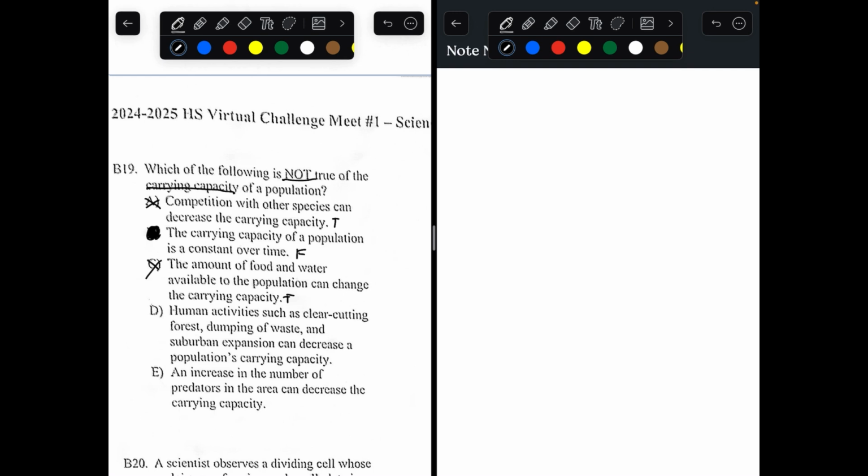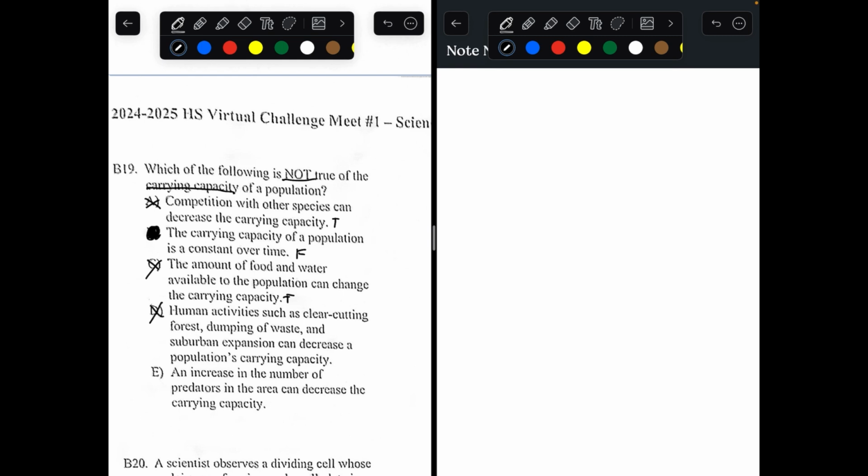D. Human activities such as clear-cutting forests, dumping of waste, and suburban expansion can decrease a population's carrying capacity. Yes, if you cut down the trees, some animals can't get their food, or some animals lose their shelters. That can lower carrying capacity because now they have to find it again or risk dying because they don't have it.